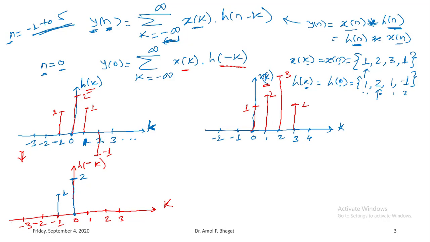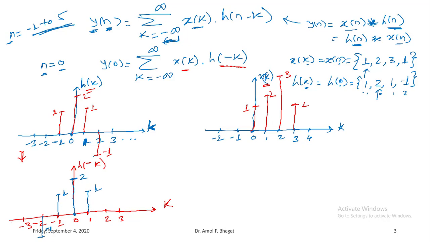Similarly the value present at k equals 2 will now be present at k equals -2, so at -2 you will get -1. Similarly the value present at -1 will now be at 1, so at 1 it will be 1.